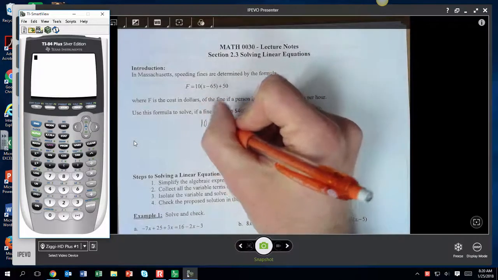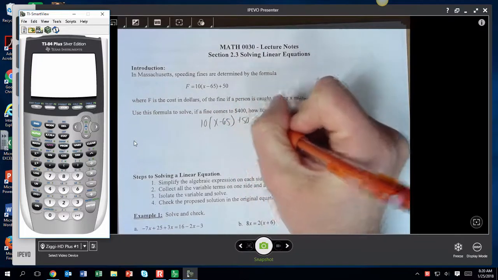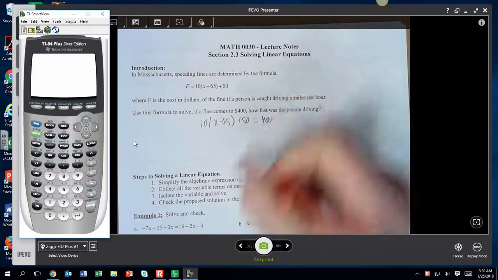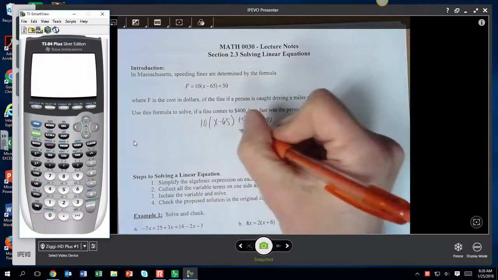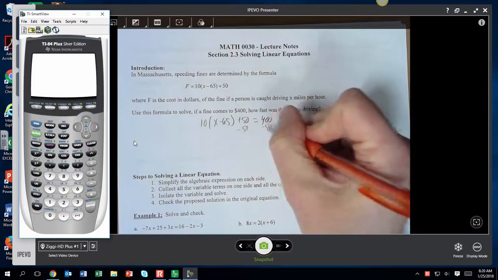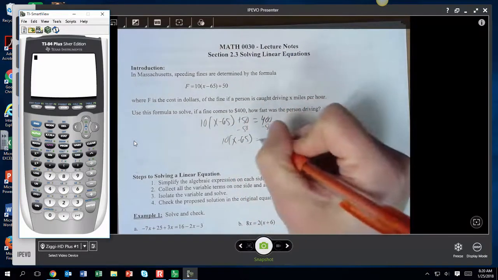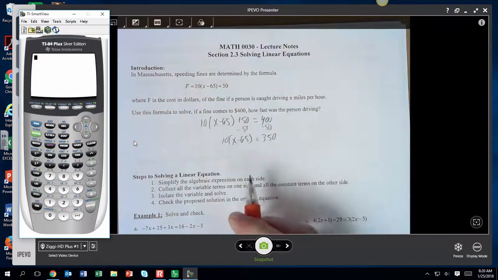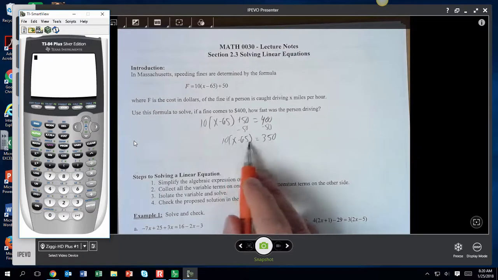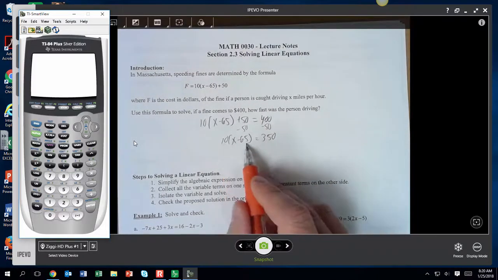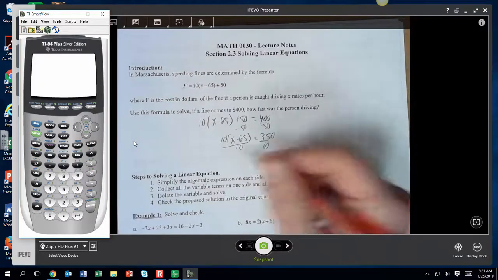Well, my formula is 10 times the quantity x minus 65 plus 50 equals 400. So I want to get the x by itself, but first let's subtract 50 from both sides. So now 10 times the quantity x minus 65 equals $350. I could distribute this 10 through the x minus 65, but since the 10 is multiplying the whole quantity, I'm going to go ahead and divide both sides by 10.